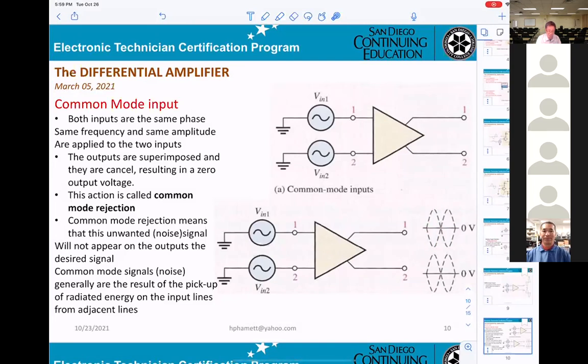They cancel out. So that's why they get 0. So basically the common mode, that is the purpose: try to reject the noise at the input of the amplifier.